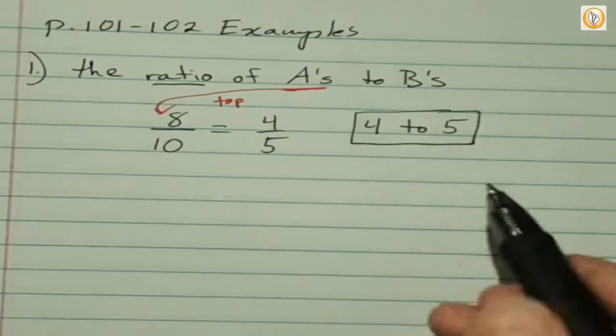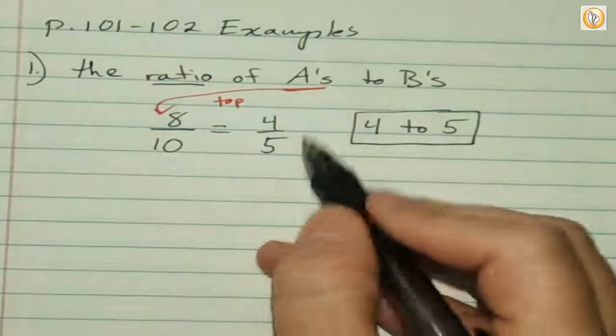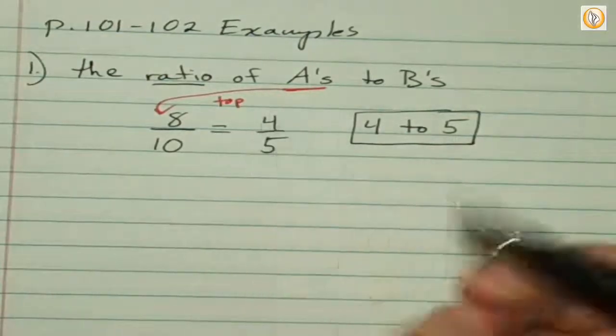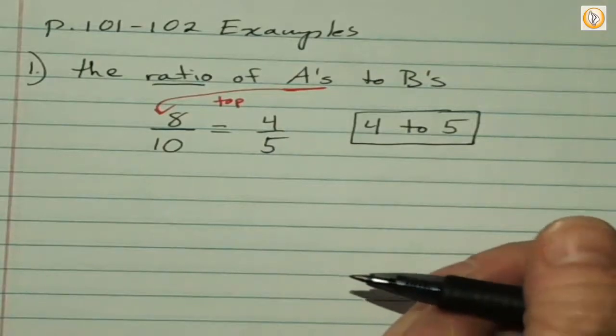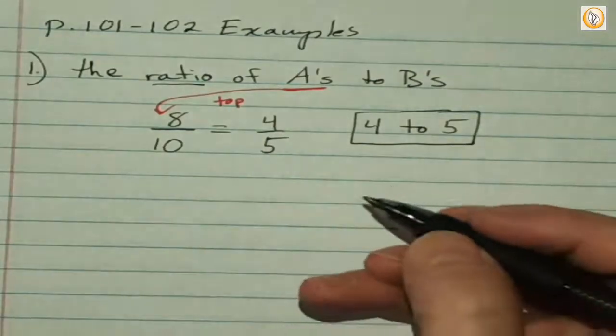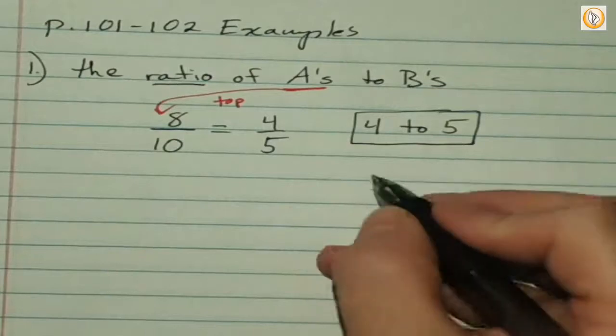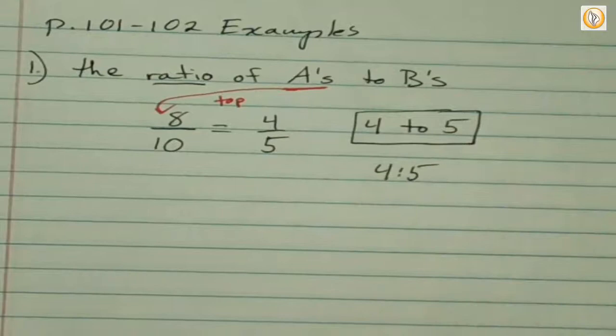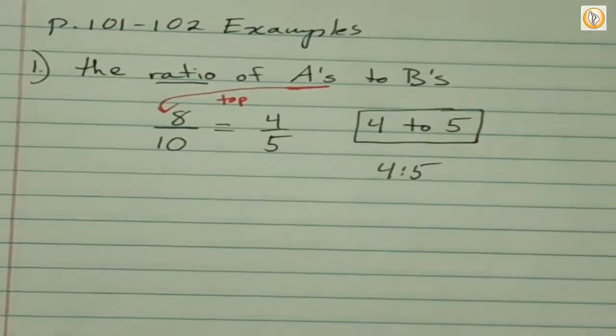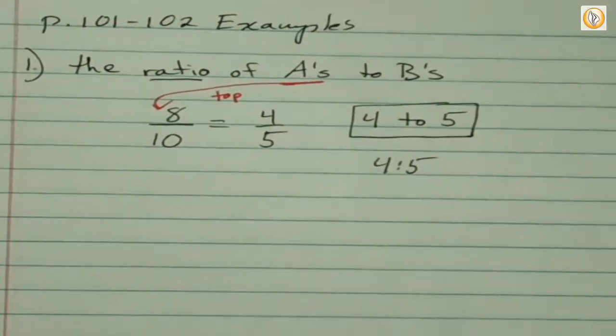If they didn't tell you to use the word to, you could leave it as a fraction. To be straight up, if you gave me this, I probably wouldn't count it wrong because you know what you're doing, but let's try to follow directions. Any questions about that?